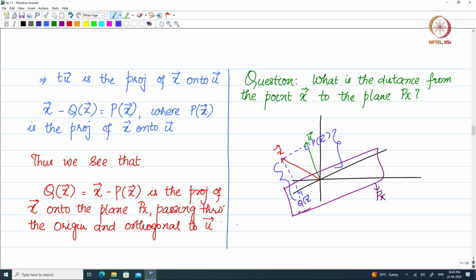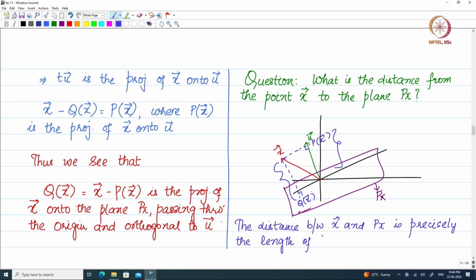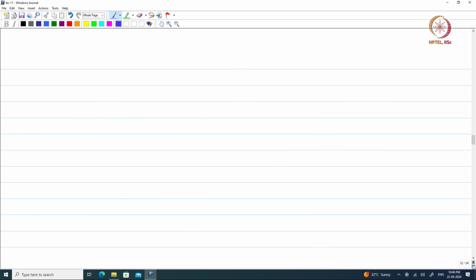So, the distance between x and the plane p pi is precisely the length of the projection p of x. Right. So, what is that given by?